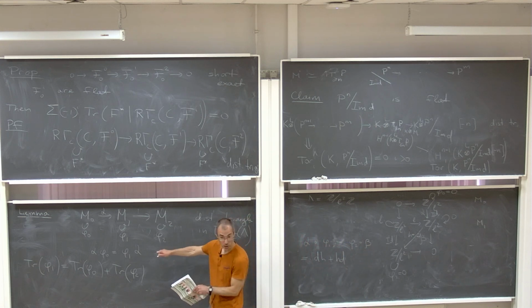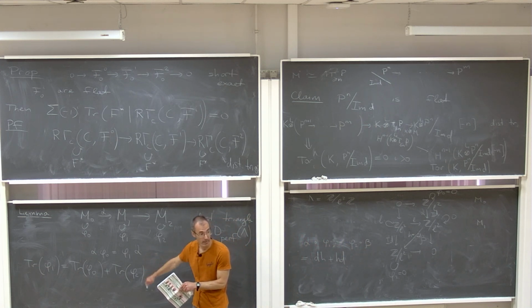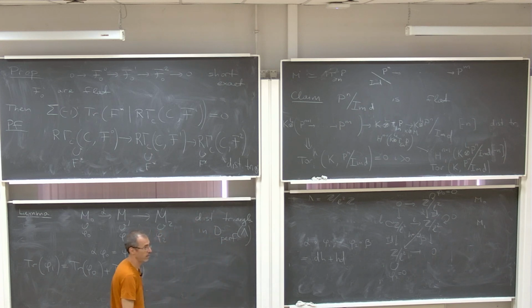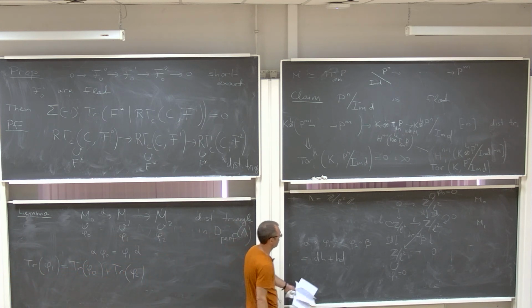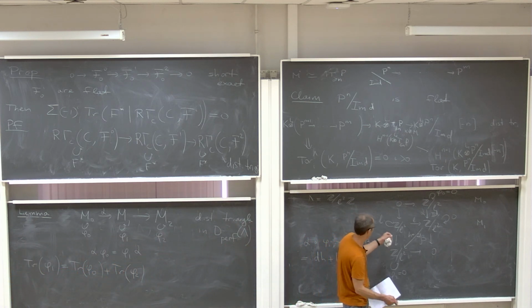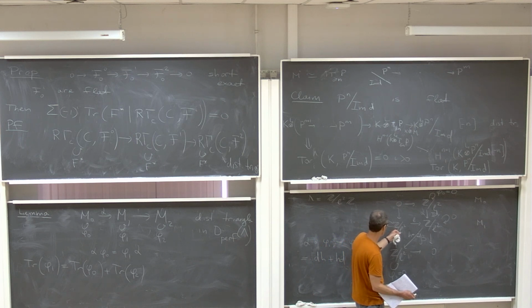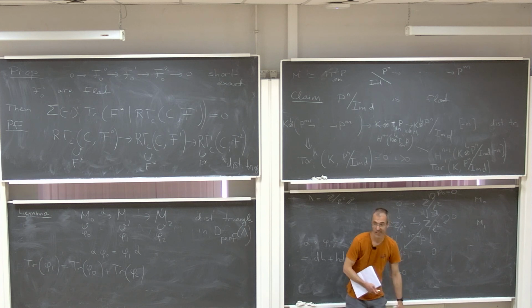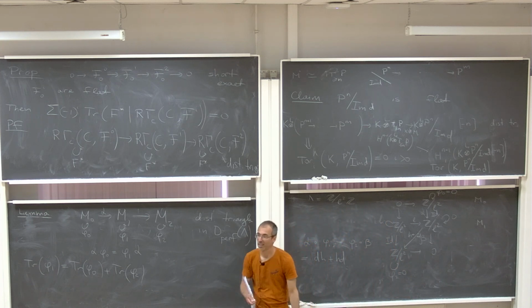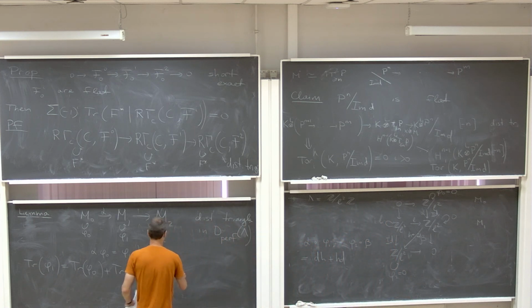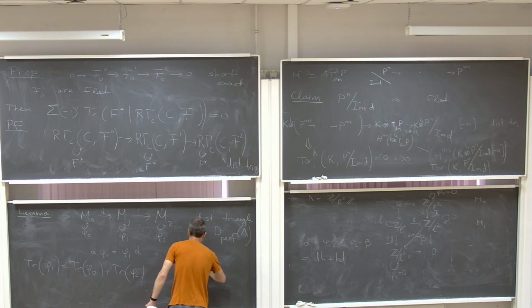So the assumptions of the lemma are satisfied. But clearly the trace here is 0, so it's just L, right? So this is false. Okay?